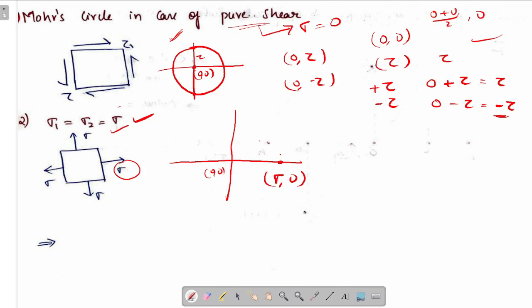So this particular Mohr circle will be a point circle. In case of a point circle, there are infinite numbers of principal planes. That means every plane is a principal plane. This is a point circle. On every plane we take, the stress is (sigma, 0). That means every plane is a principal plane in this case, so there will be infinite numbers of principal planes.